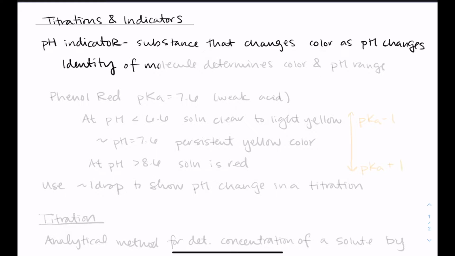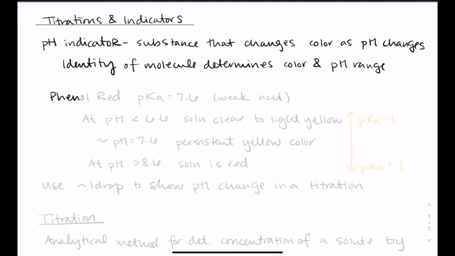You can also use something like a pH meter and make a graph and graphically determine when your titration is over. But indicators are still pretty universally used because it's really nice to have that visual cue.